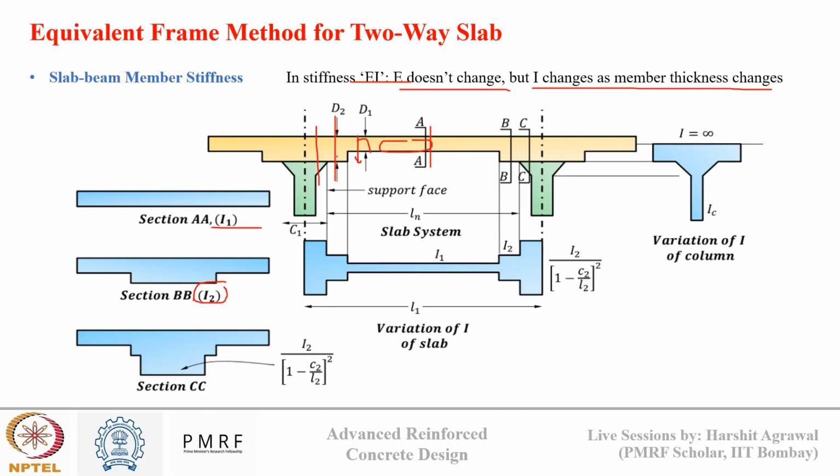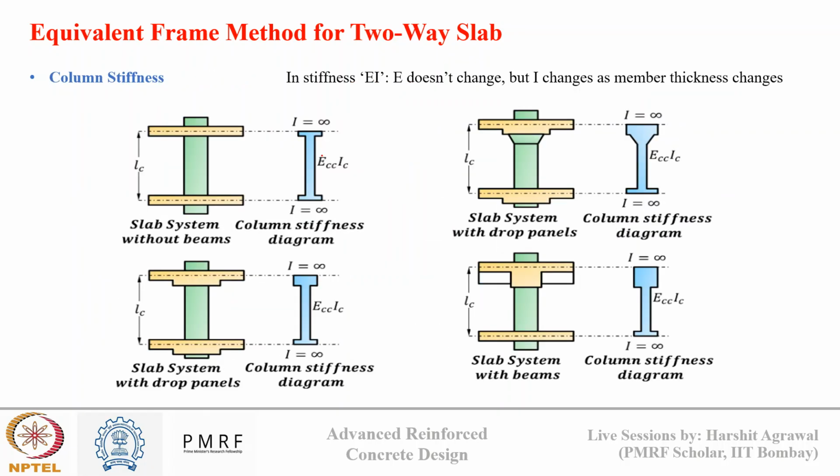It changes when we have stiffer systems present in a column-beam junction or a column-slab junction, okay. And the same thing can be seen for the column also, irrespective of the type of slab, whether it is a flat slab without beam, or with drop panel, or with beam, or with column capital, any type of slab. In the middle part, the flexural stiffness is given by EC times IC.